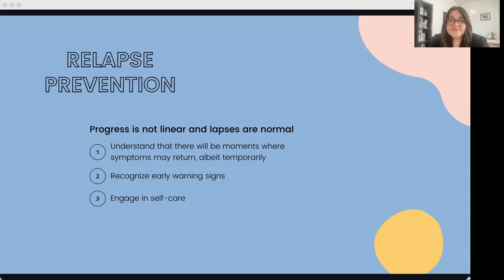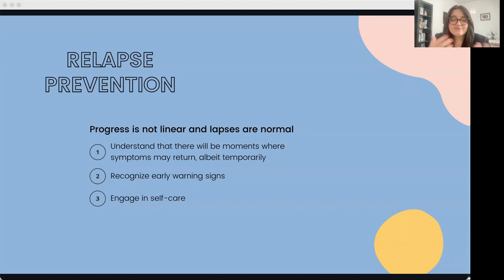The second step is to begin recognizing situations in which lapses may be more common. So typically this includes situations that may be high in negative moods or stressful life events. A good tip to help recognize these situations is to just pay attention to early warning signs where clients kind of resort back to those safety behaviors and those avoidance behaviors. And then the last step is really just to engage in self-care once those early warning signs have been identified.